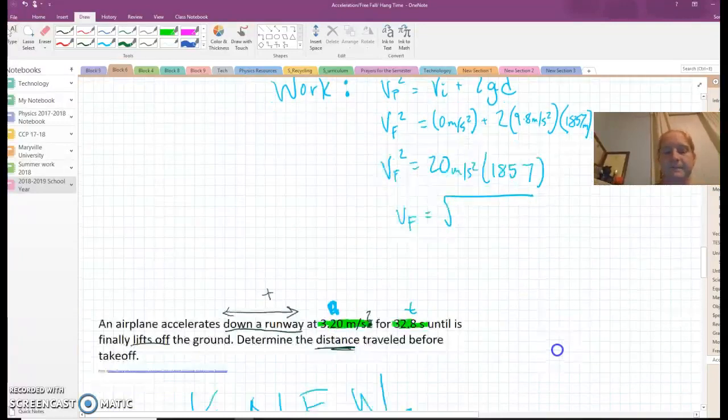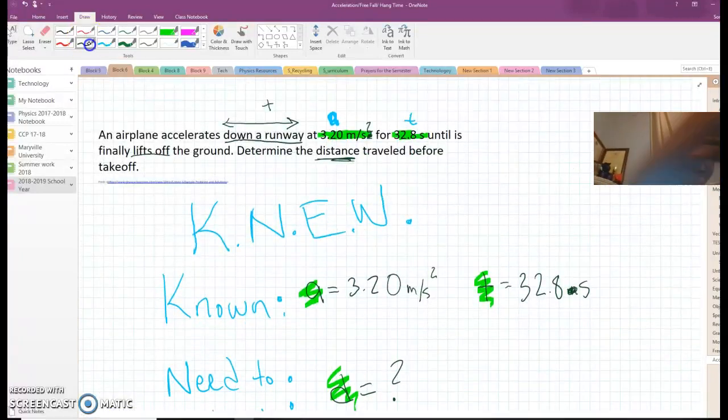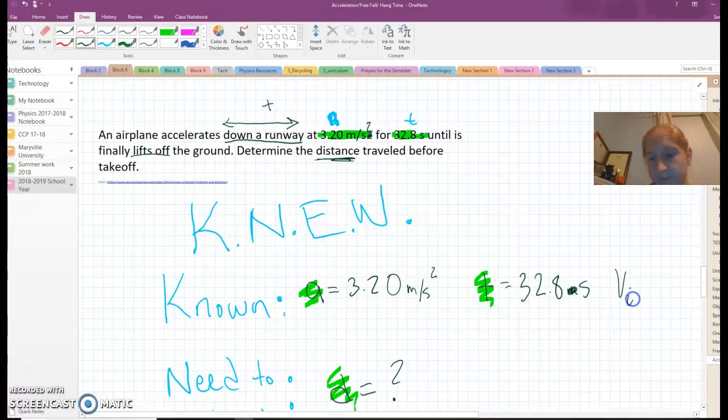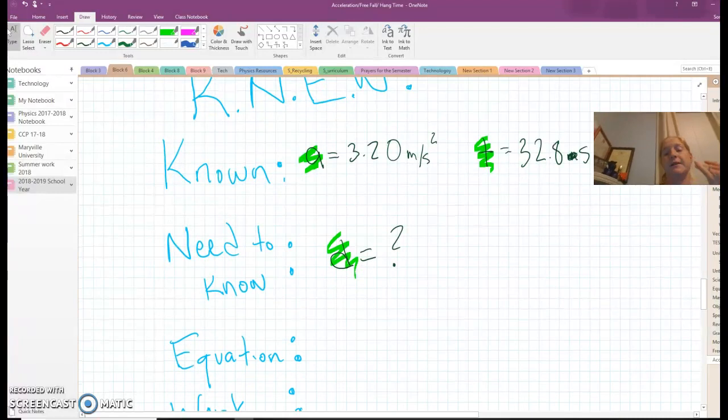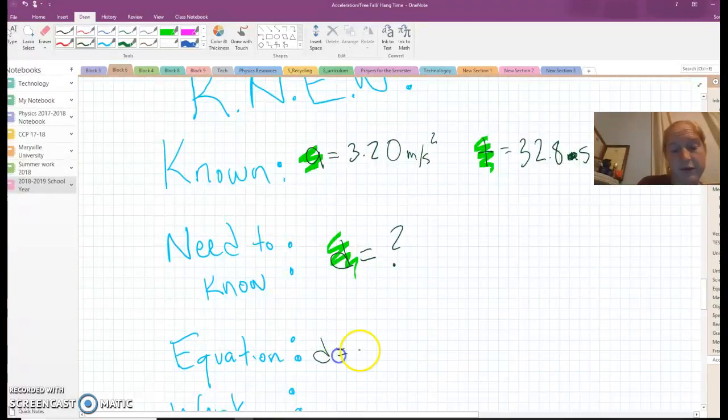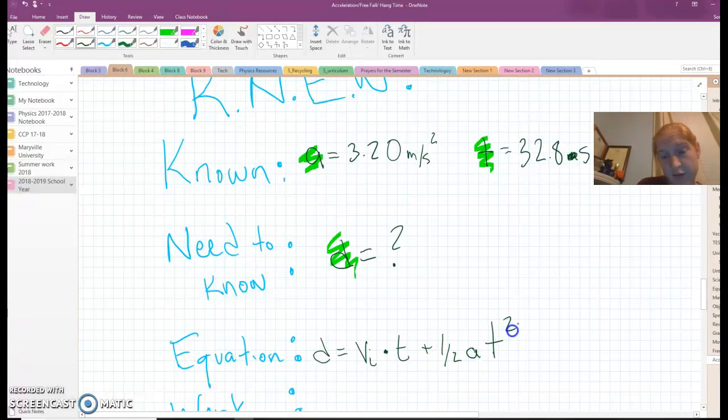All right. I know VI is equal to 0 meters per second. If you've ever ridden on a plane, the plane stops on the runway and waits its turn. So distance is equal to VI times t plus 1/2 AT squared.